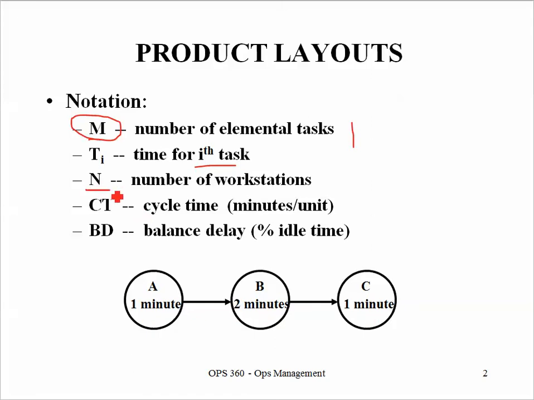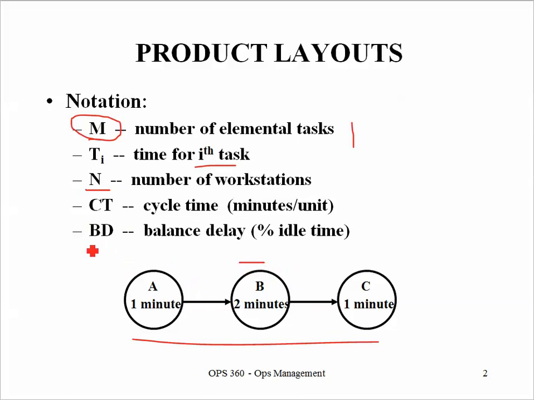The number of workstations in this example is the same as the number of tasks. It's 3. The cycle time, that's how many minutes per unit I have at each workstation. So that's 2 minutes. That's determined in my example by the longest task time.